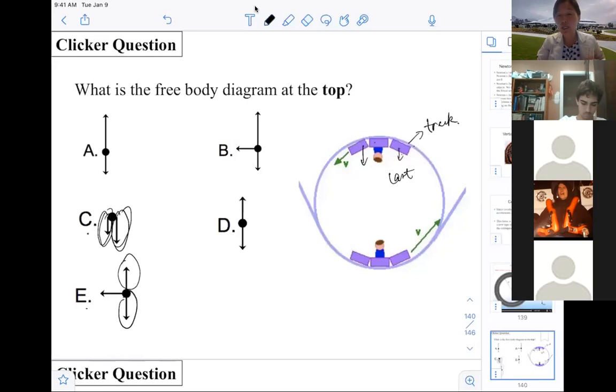Now we feel like we need a lift force in order for the object not to fall, but because it's in circular motion, it's not going to fall, right? This force that you provided is going to give you a centripetal force that serves the role of changing the direction of the velocity.